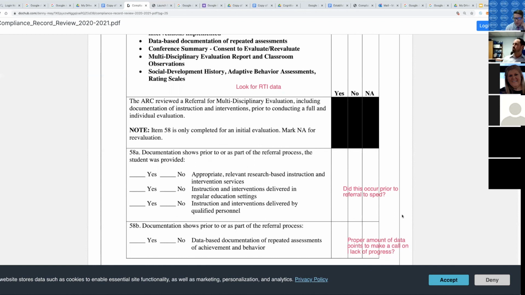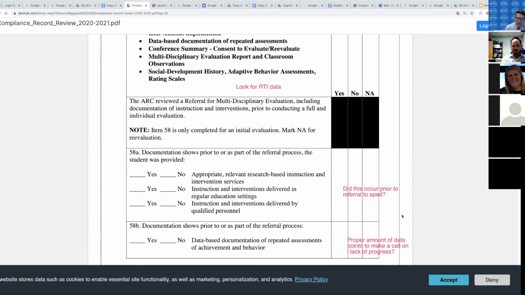Documentation shows prior to or as part of the referral process, the student was provided appropriate, relevant, research-based instruction and intervention services. The instruction and interventions were delivered in the regular ed setting, and they were delivered by qualified personnel.